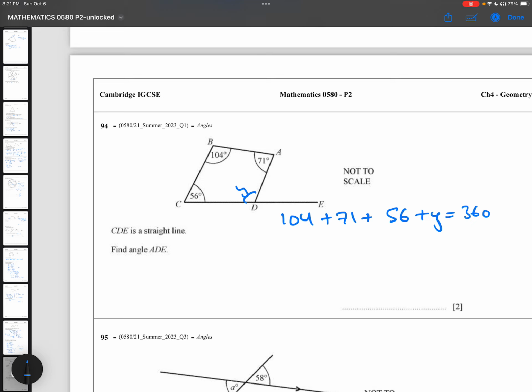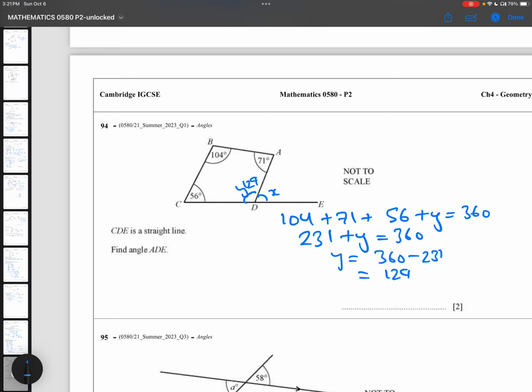So now let's add these three values: 104 plus 71 plus 56. I got 231. Now this 231 will be subtracted from 360. I got 129. So Y is 129, but I need to find ADE. Let's name it x.